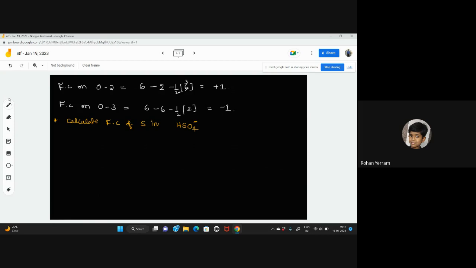6 minus 0. Sir, lone pair would be 0, no sir. 6 minus 0 minus 1 by 2 bracket 12, sir. You have written 12. HSO4 minus, right? 6 minus 6. Oxygen minus 1.